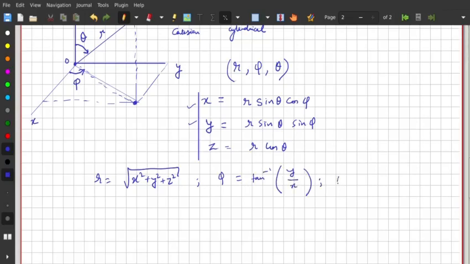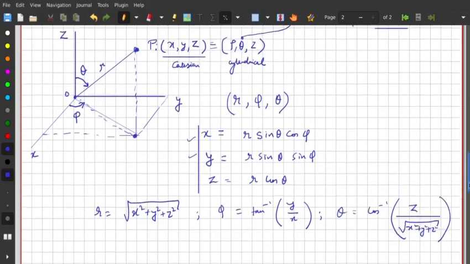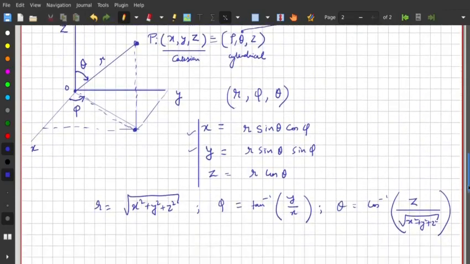And theta is cos inverse, as you can see from here, of z over r, so that's z over the square root of x square plus y square plus z square. Those are the inverse transformations in spherical coordinate system.